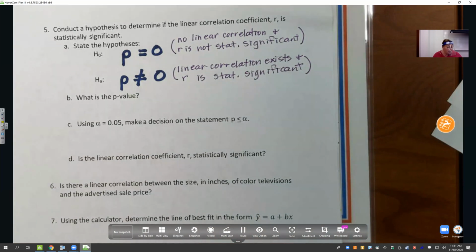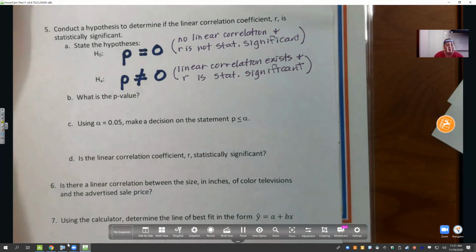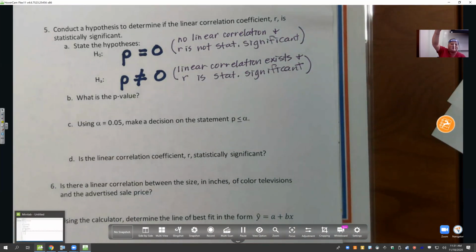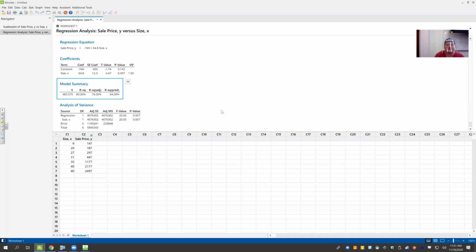Then we need our p-value, which Minitab has already calculated. When we did that stat, regression, best fit, it calculated it in these results, okay? We look for the p-value under the header analysis of variance, and you look at this p-value that's out here to the side, the one next to regression, okay?